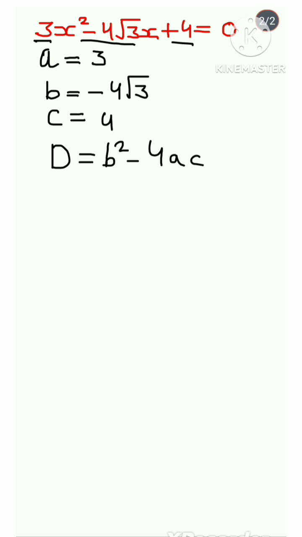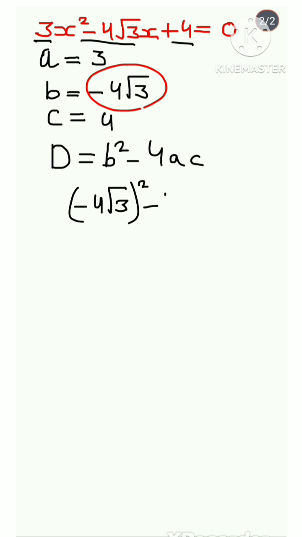Now b equal to minus 4 root over 3, so minus 4 root over 3 whole square minus 4 into a equal to 3 into c equal to 4.